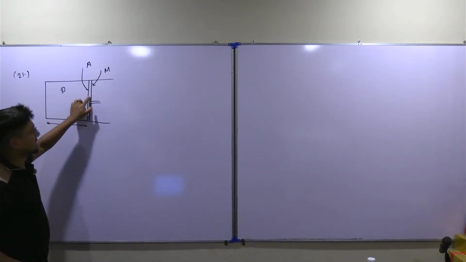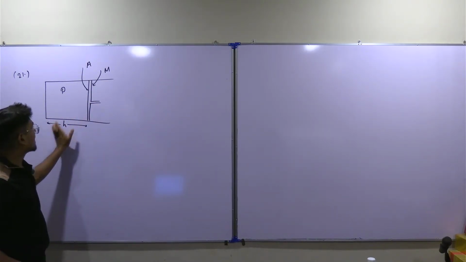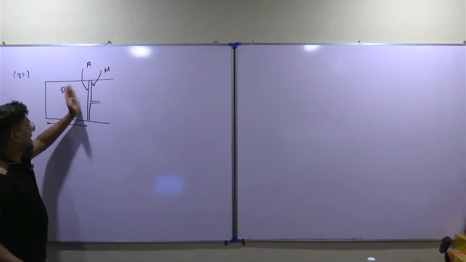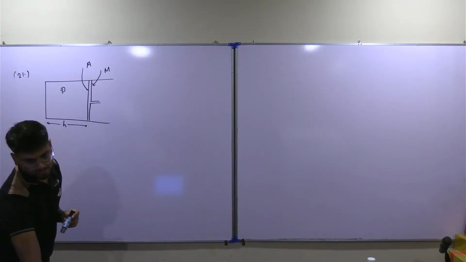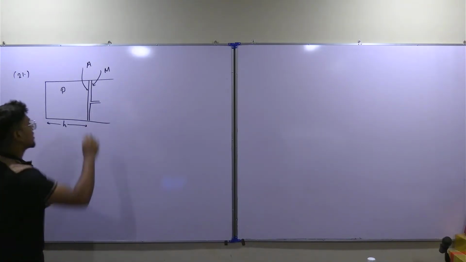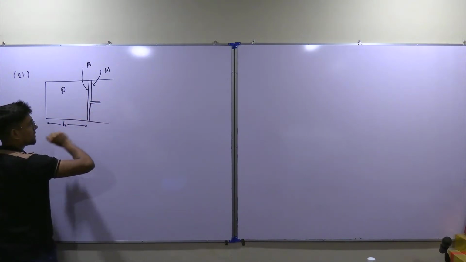At the equilibrium, the length of the column is H, the cross-sectional area is A, and the pressure inside the tube is P. Now you are going to displace this piston from the equilibrium position.